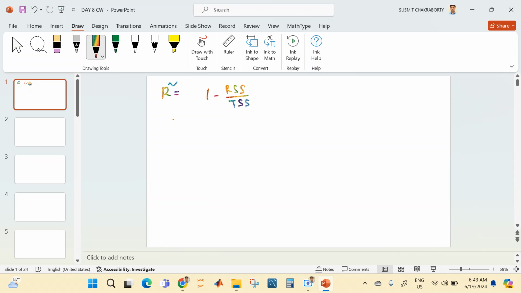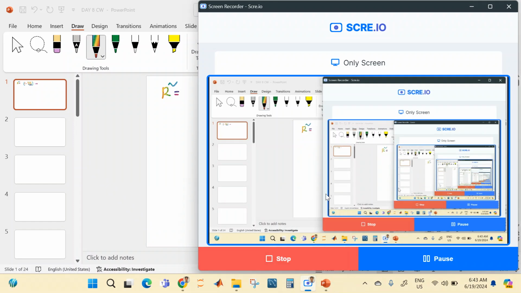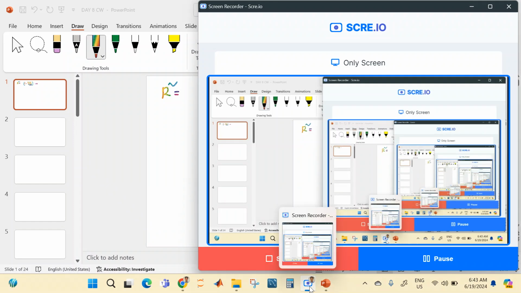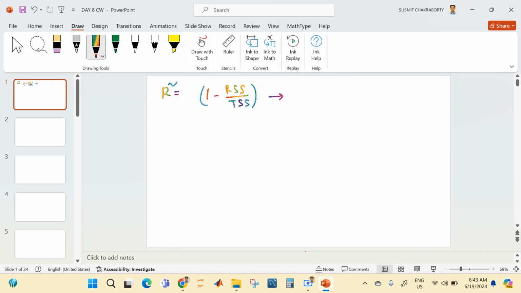So this is basically the R square. But using this R square, another important term is there, VIF. So today I will start this VIF.